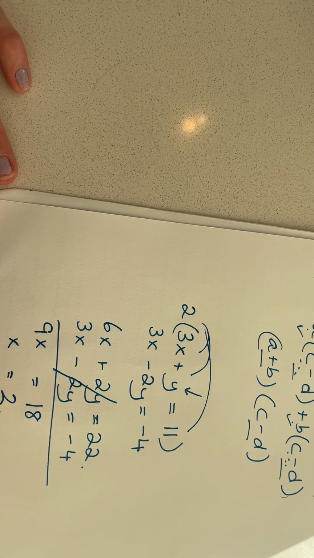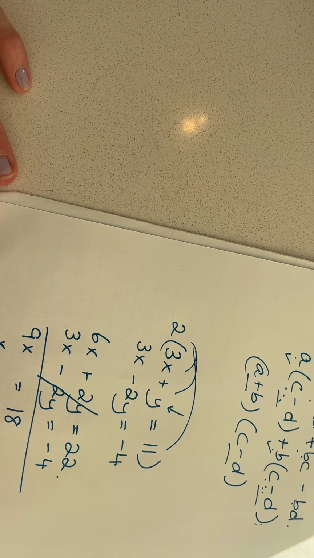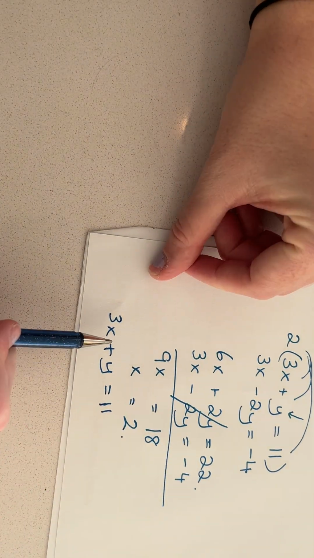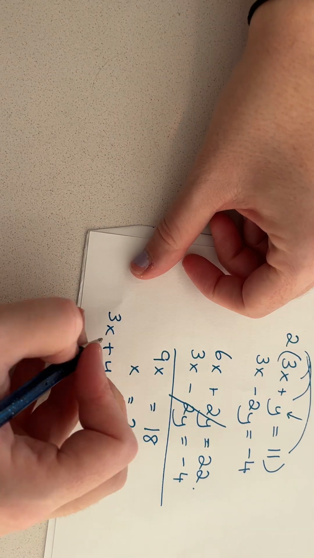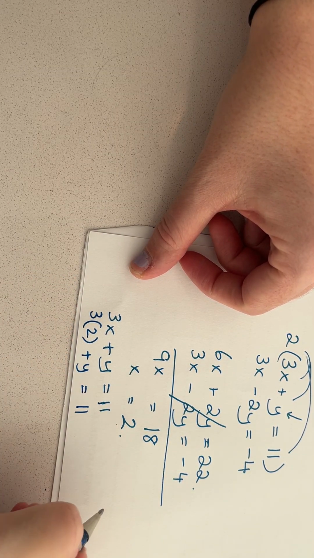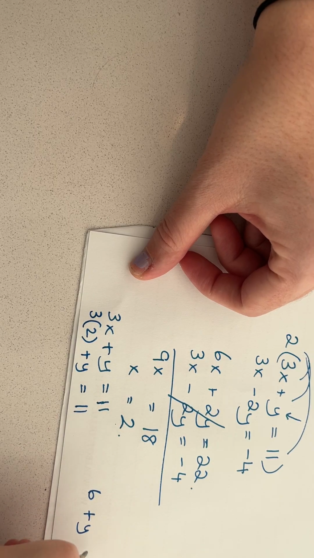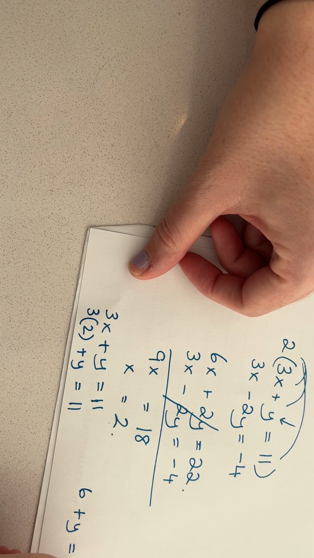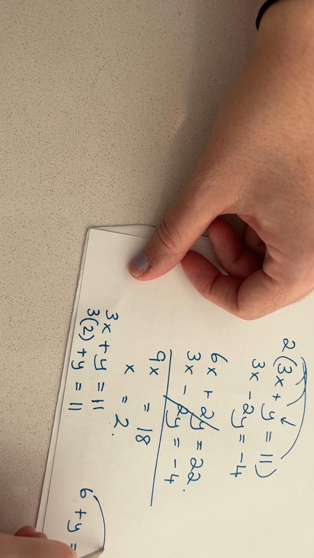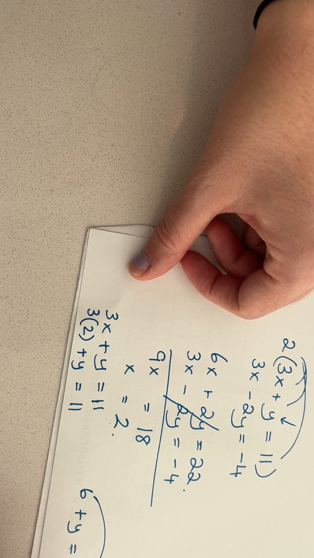So 3x plus y equals 11. X is no longer missing. You've done all this hard work, so it's 3 times 2 plus something gives me 11. So that's 6 plus something gives me 11. And again, you can either think of it logically, 6 plus what gives me 11, or you can move the 6 over the equal sign and it becomes a minus 6. Either way, you end up with 5.